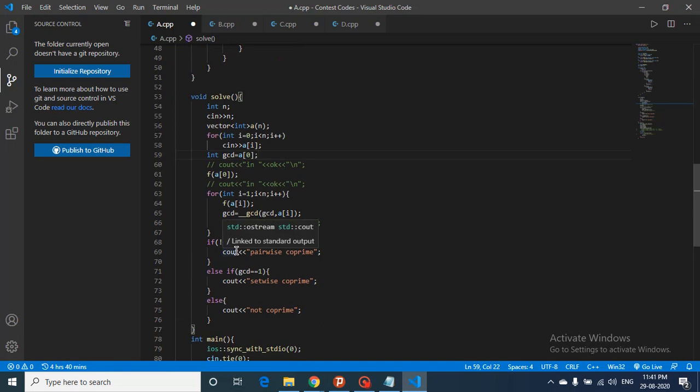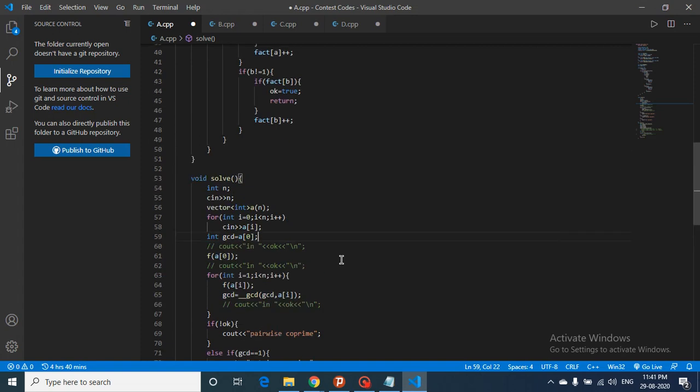Let's assume that they are not pairwise coprime, then OK will turn out to be true, and if they are pairwise coprime, this will print pairwise coprime. Else if this condition does not hold true, then we will check that if this GCD which we have calculated for all the numbers is equal to 1, then it is setwise coprime. If both of these conditions do not hold true, then it is not coprime.